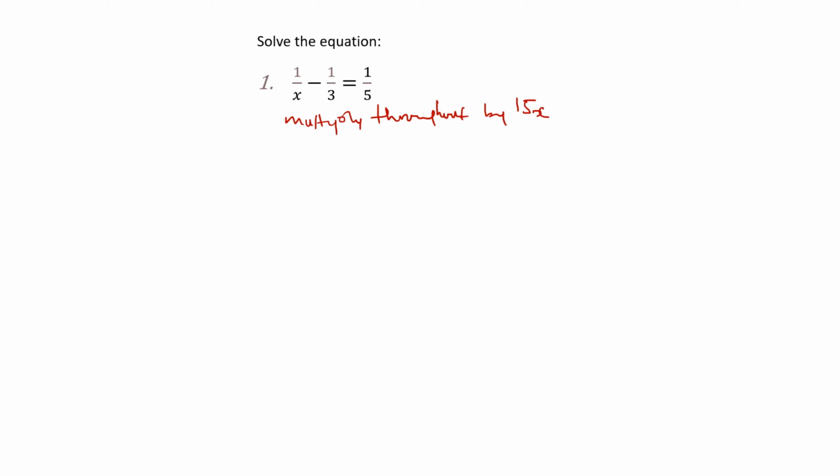So here we're going to have 15x multiplied by 1 over x, minus 15x multiplied by 1 over 3, close the bracket here, is equal to 15x multiplied by 1 over 5.